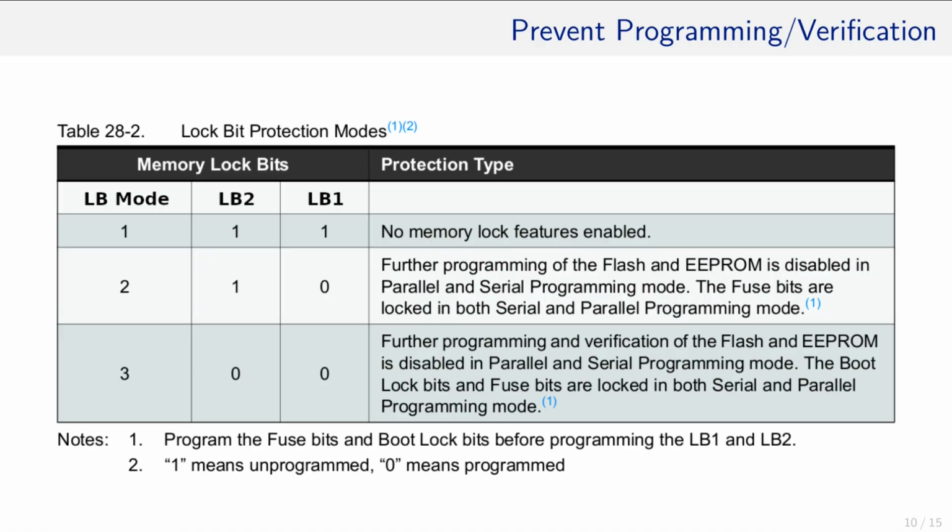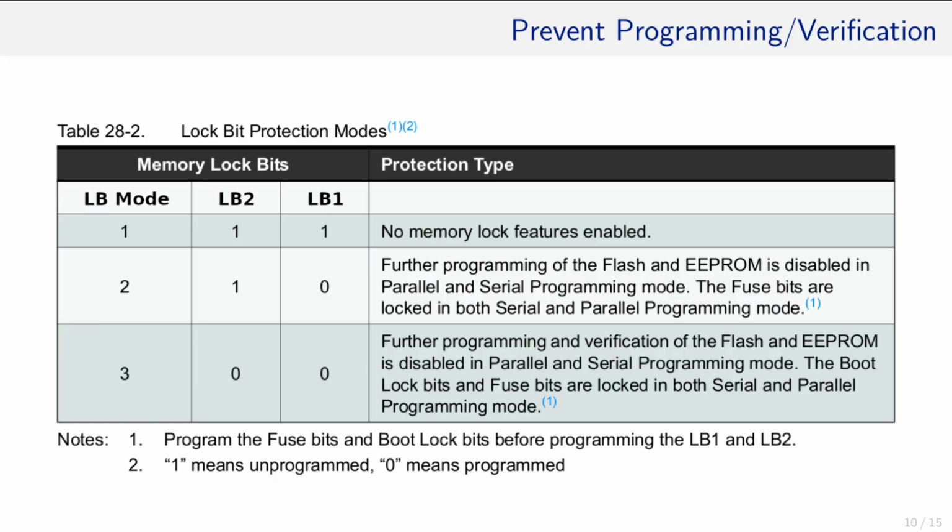In lock bit mode 2, the flash is write protected but can still be read, and for instance avrdude is able to verify the flash content by downloading and comparing it against another binary. In LB mode 3, even that is no longer possible.